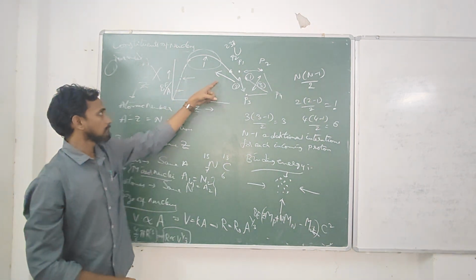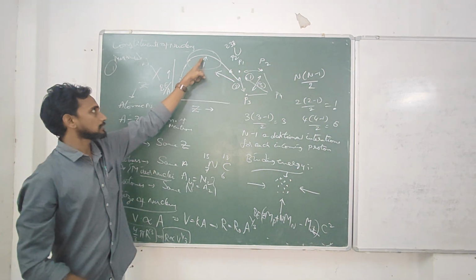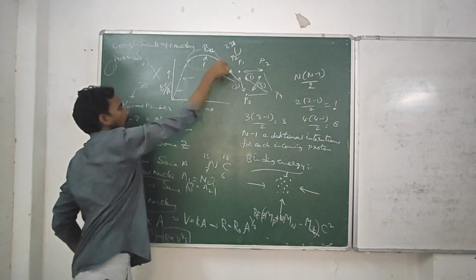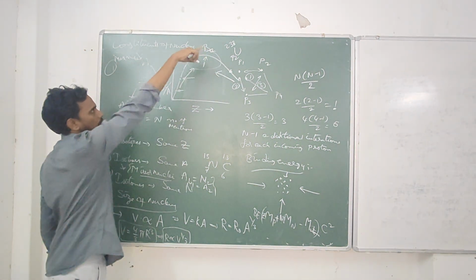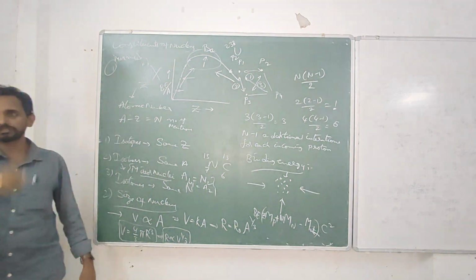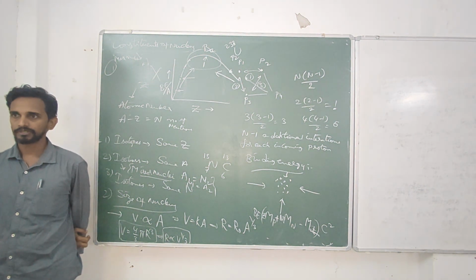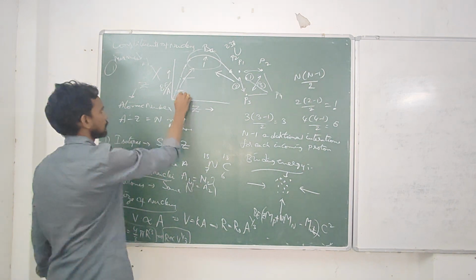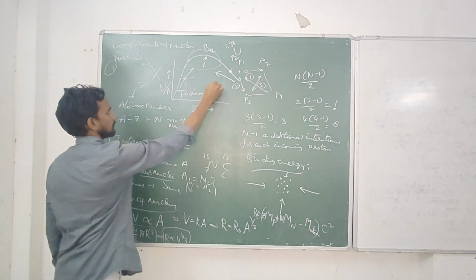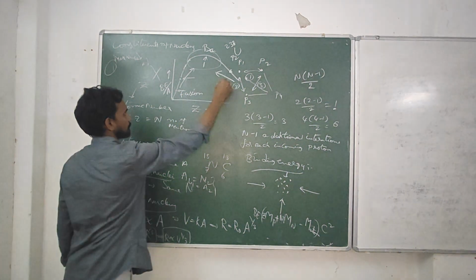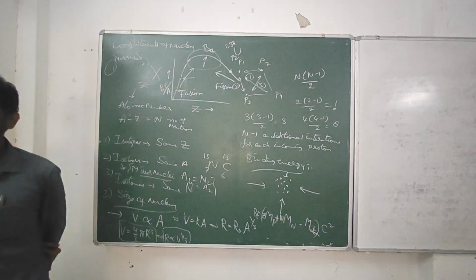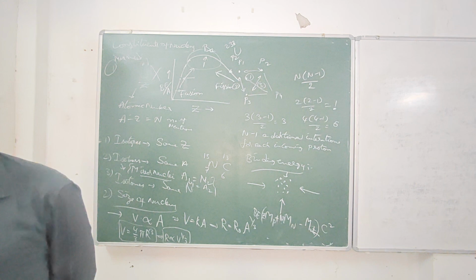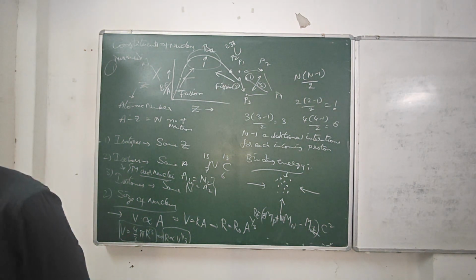Similarly, if you travel from uranium towards barium and so on, energy will be released. At the same time, if you travel from hydrogen, helium towards barium, even in that case energy will be released. So one is fusion, another is fission. In both cases, energy will be released.